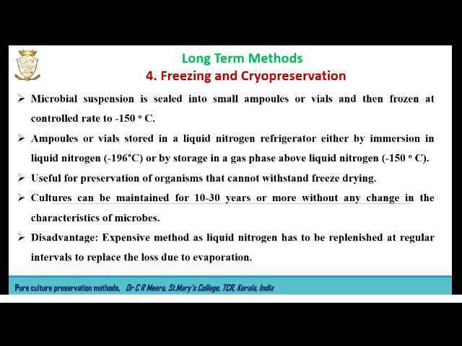The liquid nitrogen is in the liquid state when it is at minus 196 degrees Celsius and it will move to a gas phase when it is at minus 150 degrees Celsius. Both these methods are employed in liquid nitrogen refrigerators.